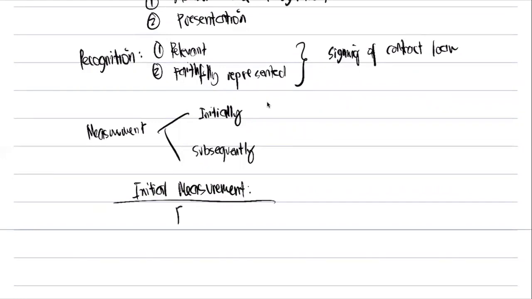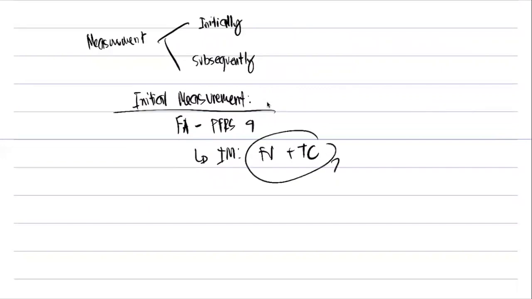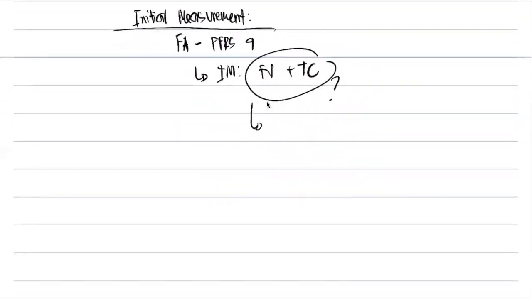We learned before that a financial asset, which is recognized under PFRS 9, is initially measured at fair value plus transaction cost. So what is this fair value plus transaction cost in the context of your loans receivable? It is known as your principal amount plus direct origination cost less direct origination fee.